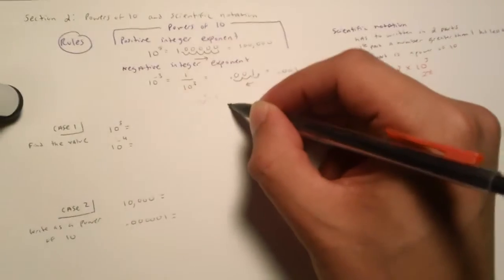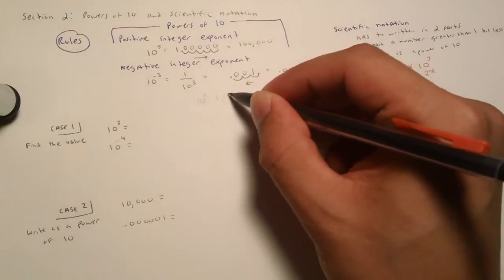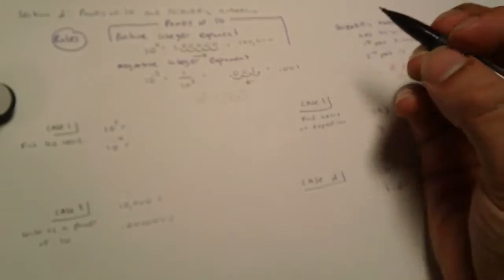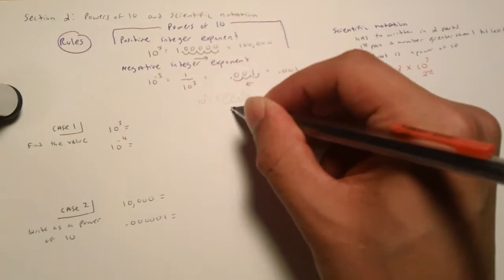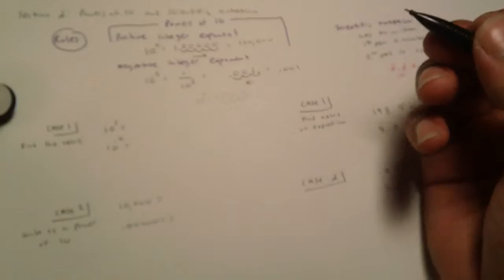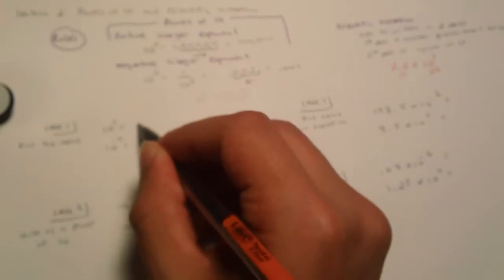So it'll be 1, 2, 3, and our new number would be 1000.